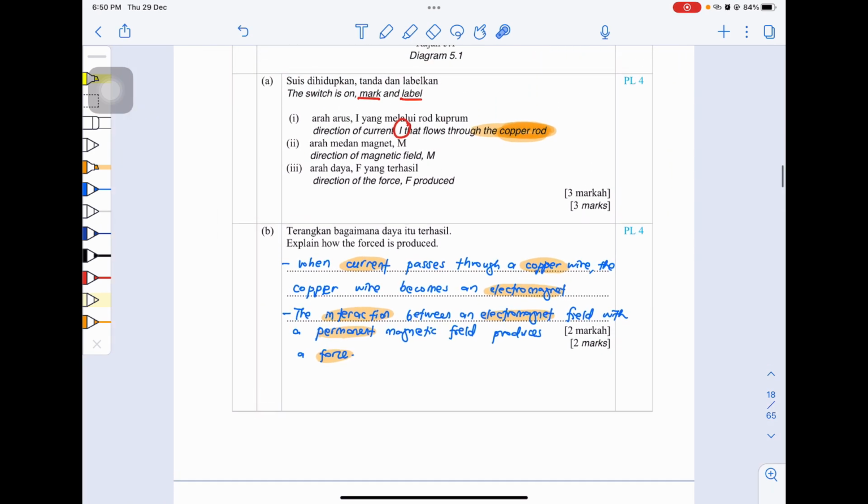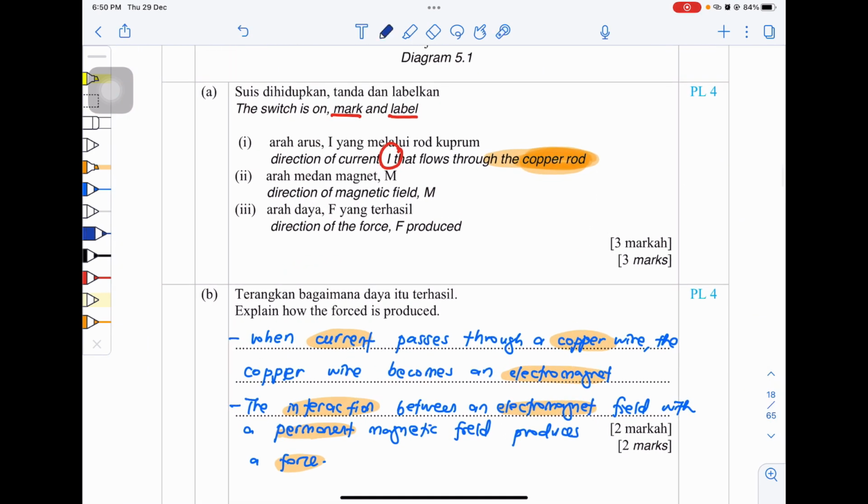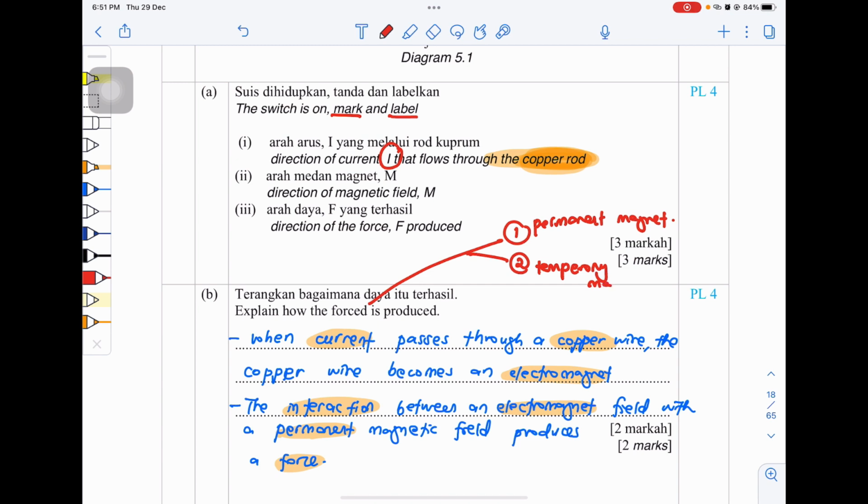Okay, remember earlier. The force is produced first, we have a permanent magnet. The permanent magnet has its own magnetic field, and then we have a temporary magnet. How do we get a temporary magnet?